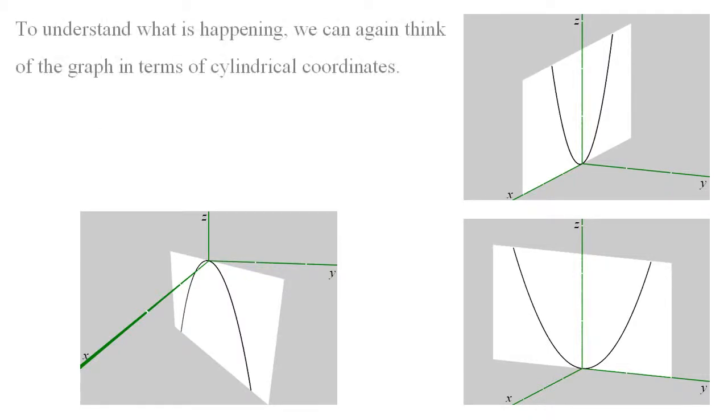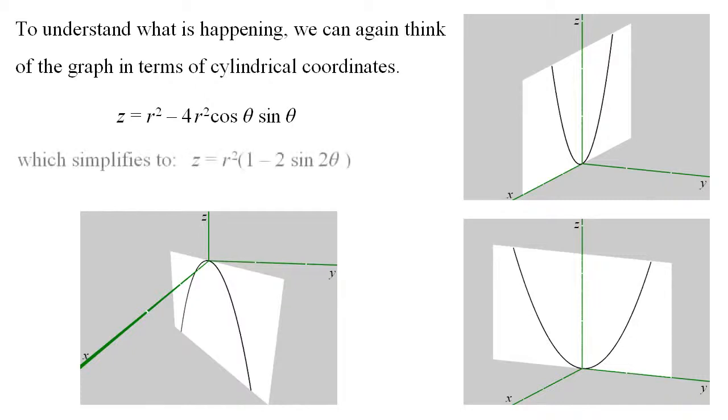To understand what is happening, we can again think of the graph in terms of cylindrical coordinates. In this case, it is z equals r squared minus 4r squared cos theta sine theta, and that simplifies to z equals r squared times the quantity 1 minus 2 sine 2 theta, because the sine of 2 theta is 2 cosine theta sine theta.